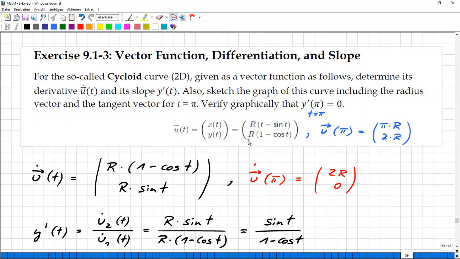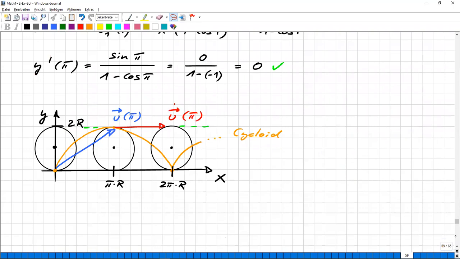Before I go into detail, I'll show you a little sketch, because I think you feel more comfortable starting the calculation if you make yourself familiar beforehand with how this curve is constructed.